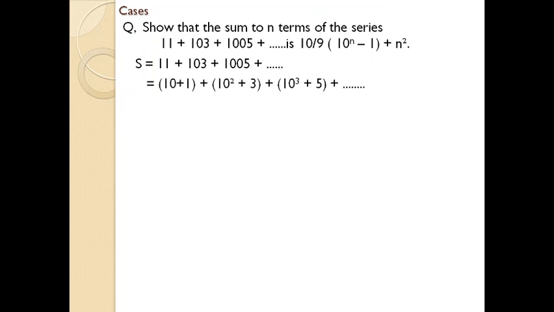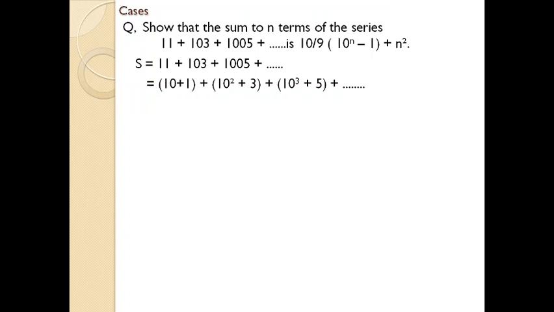S subscript of n equal, in order to write 11, you just split the number like this, 10 plus 1. Again, in case of 103, you split it like 10 raised to 2 plus 3, which means 100 plus 3. Again plus 1005, you can write 10 raised to 3 plus 5, or 1000 plus 5. 10 raised to 3, the other meaning is 1000, which is 10 into 10 into 10.